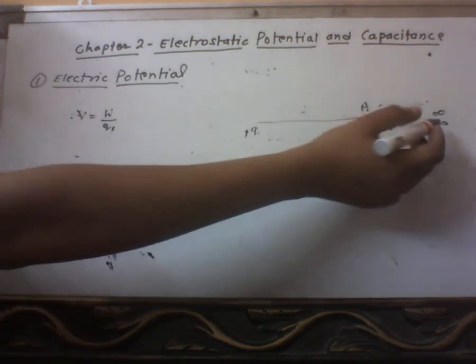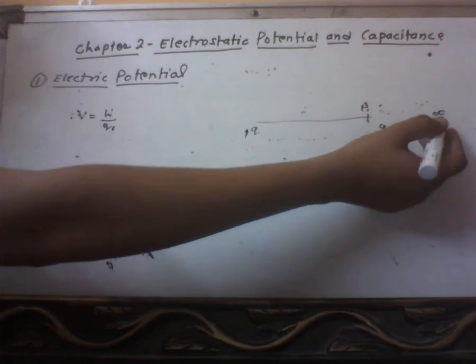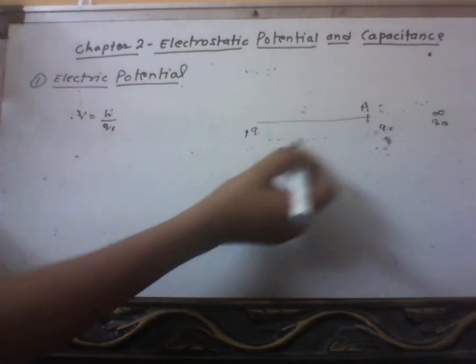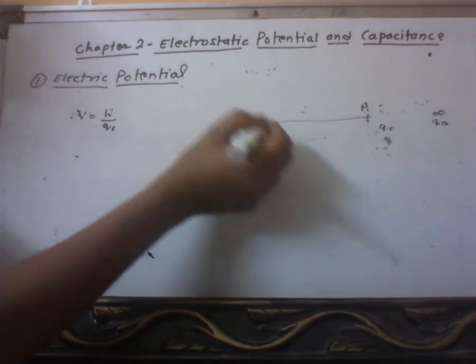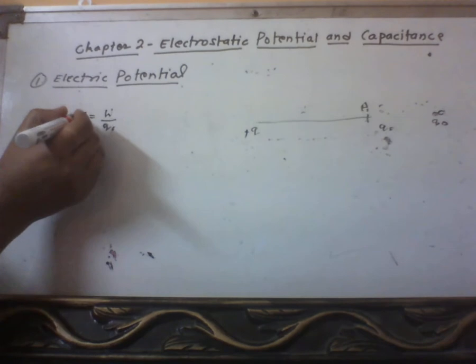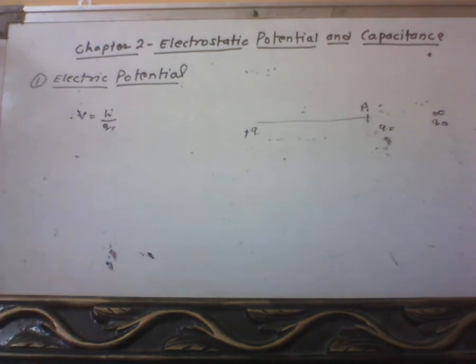As we know, Q naught at infinity does not experience any force, but as we shift this test charge Q naught towards A, it will experience a force of repulsion due to this positive charge plus Q. So the amount of work done per unit positive test charge is defined as potential at that point.